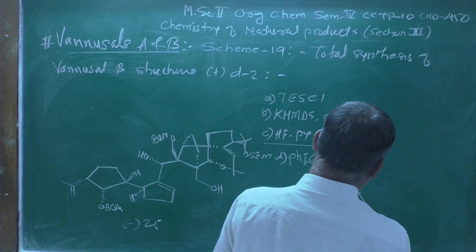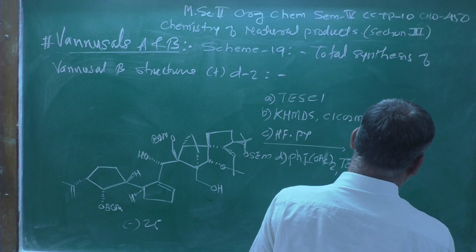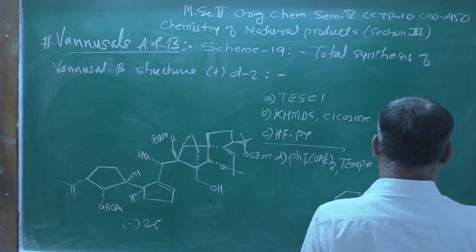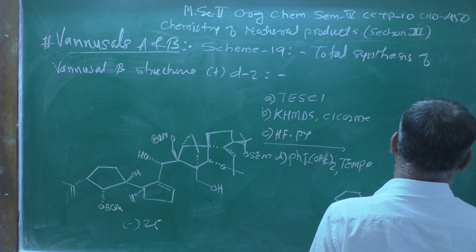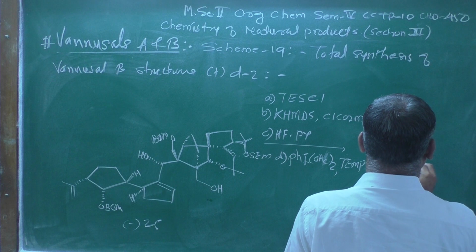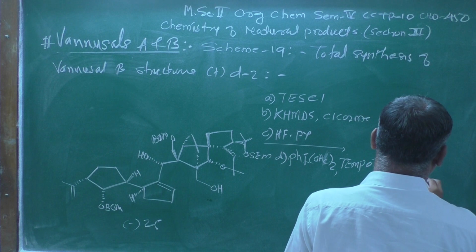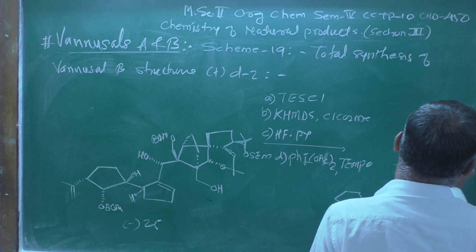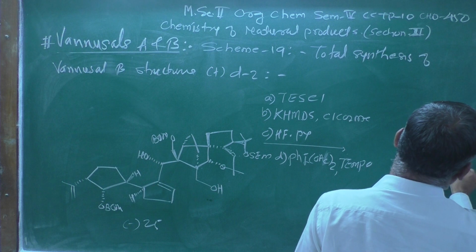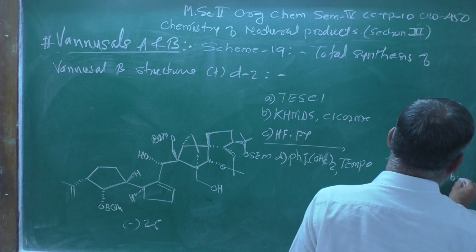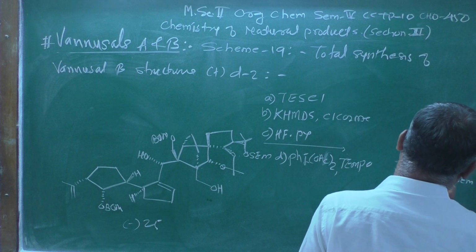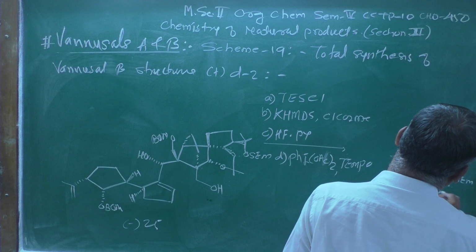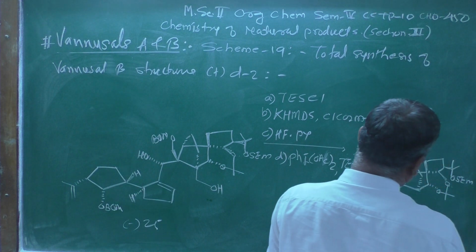This is the structure I am representing here, a 5-membered ring, then a 5-membered ring joined to this, then this group further attached over here. This is above, this group must be below, here the group above. This is OSEM, as well as here the oxygen atom, which should be below the plane, that is protected.